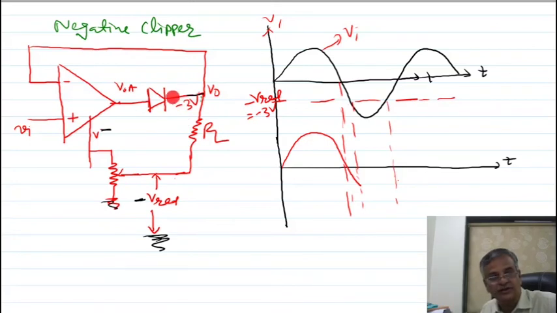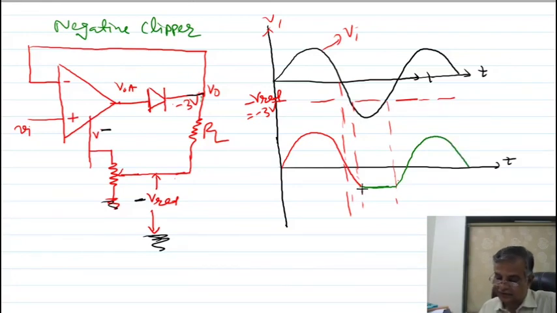This diode does not conduct. If the diode does not conduct, current does not flow, so VO is nothing but V reference. So you will get V reference here, and again V reference.